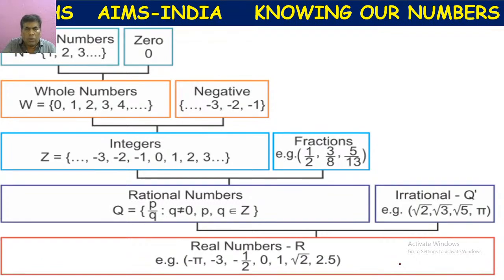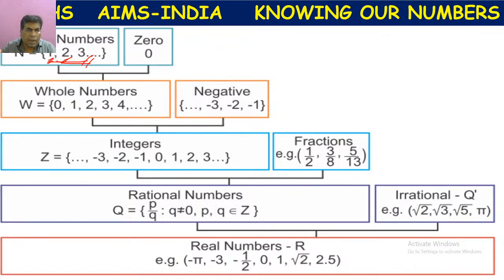He will count 1, 2, 3, 4 like that. From 1, 2, 3, like that we can count. So these counting numbers are named natural numbers. What is the name for counting numbers? Counting numbers are called natural numbers.